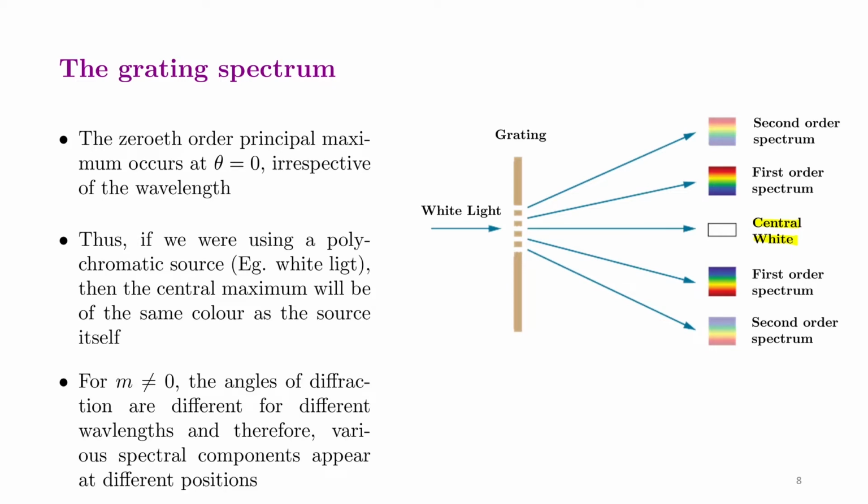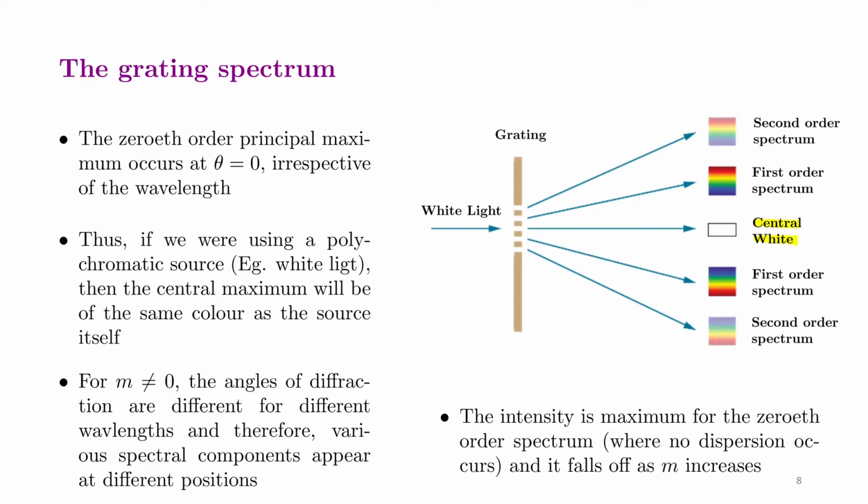For m not equal to 0, the angles of diffraction are different for different wavelengths. Therefore, various spectral components appear on either side of the central maxima at different positions. The intensity of the spectra will be maximum for the 0th order spectrum, where no dispersion occurs, and the intensity falls off as m increases.